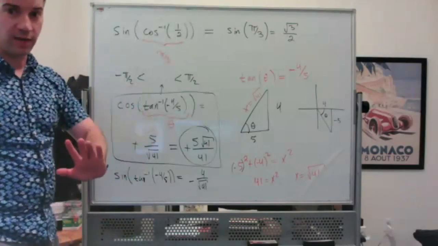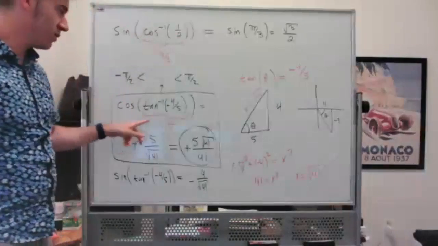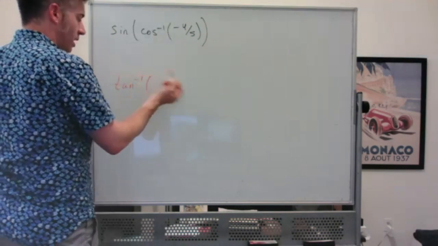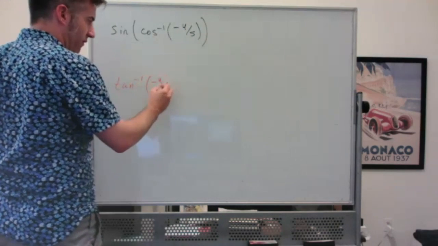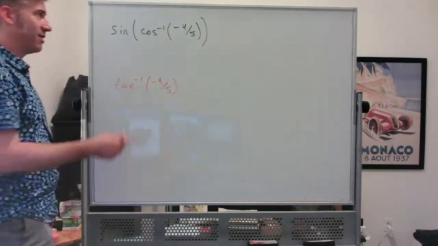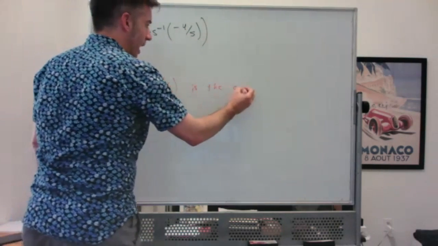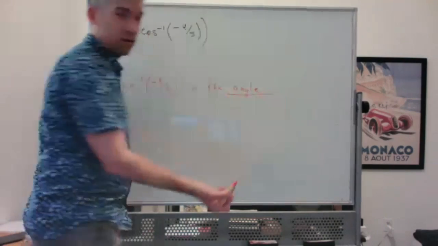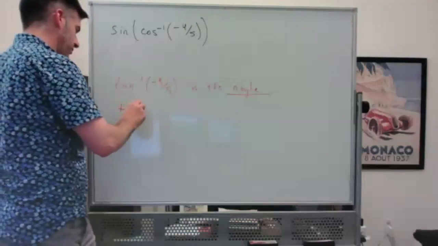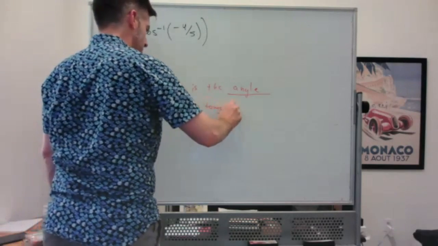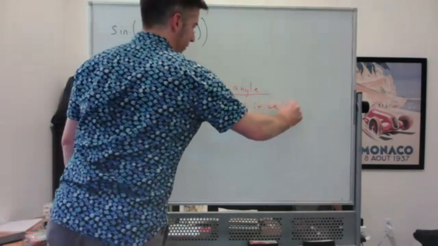I want to remind everybody, I know I just erased the other side of the board, inverse tangent of a number, -4/5, is the angle that if we take tangent of it, we get -4/5.